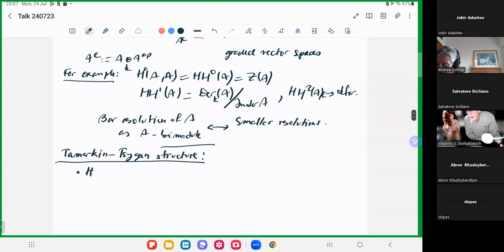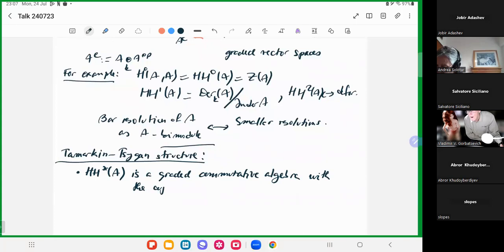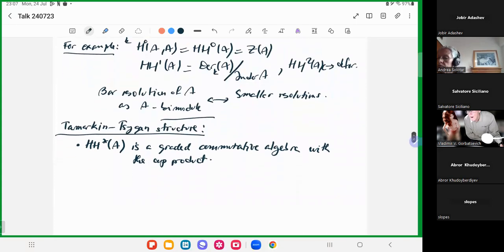The first one is that the Hochschild cohomology is a graded commutative algebra, commutative in the graded sense, with a product that is called the cup product, that we are going to talk about later.